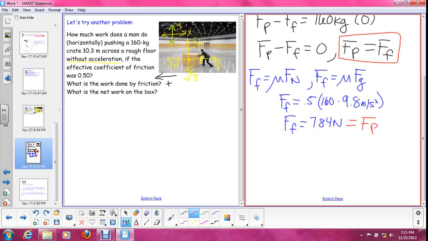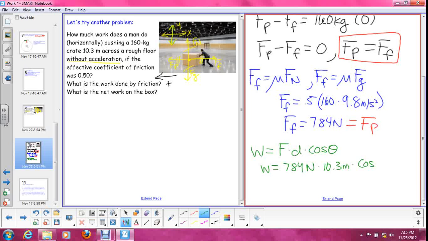So if we do the next step here, now that we know the force of the push, we can figure out the work done on this box. In order to do that, we have to use our new equation. Work is equal to force times distance times the cosine of theta. The force being applied to this box is 784 newtons. The distance it moves is 10.3 meters. And the angle between the movement of this box and the surface is 0.